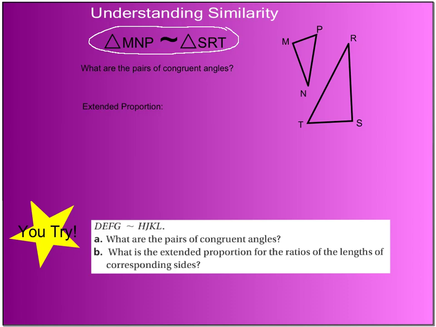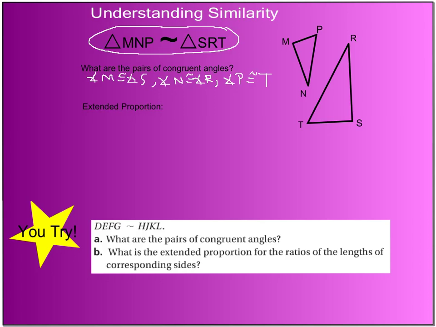So I know that angle M is congruent to angle S. Angle N and R correspond there, so angle N is congruent to angle R. And lastly, angle P is congruent to angle T. So those are the pairs of my congruent angles.